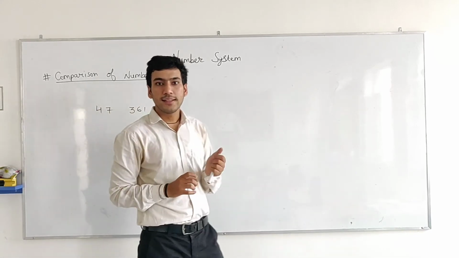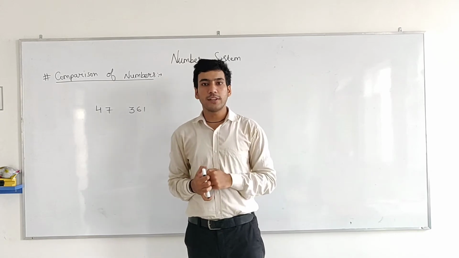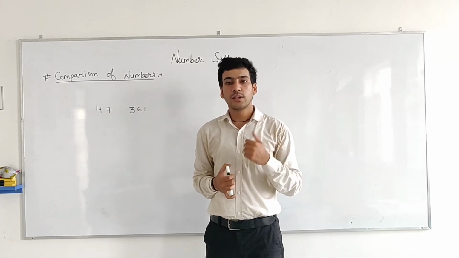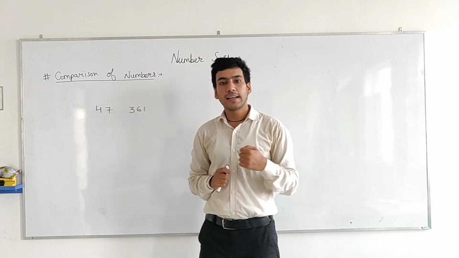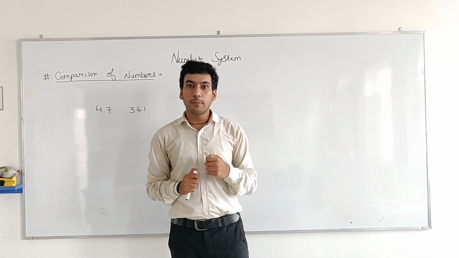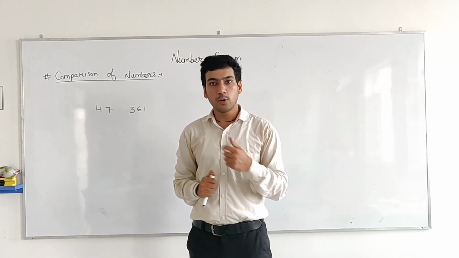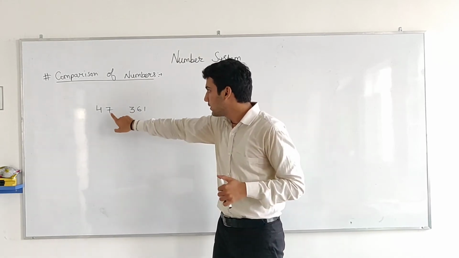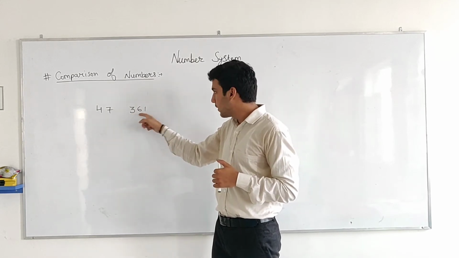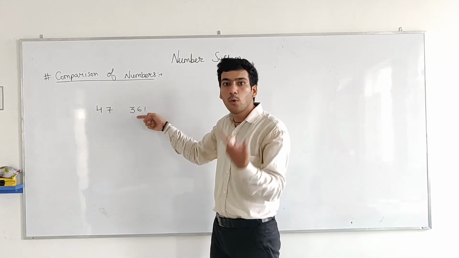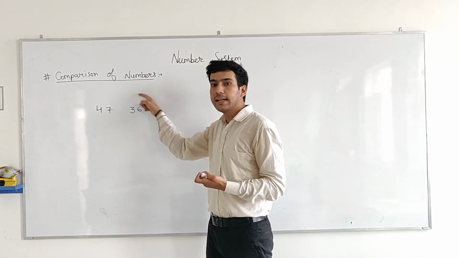Now, students, there is a rule that if two numbers with a different number of digits are given to you, then the number which has more digits is the greater one among these two numbers. This is a 2-digit number and this is a 3-digit number. This number has more digits than this number, so this is the greater number.